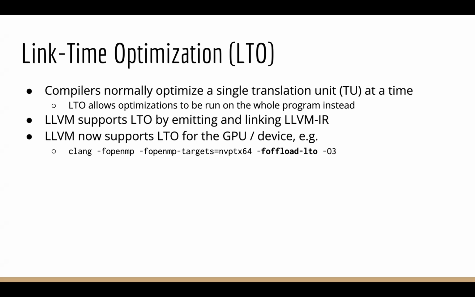And we have simply ported the same support to now work on the GPU for OpenMP. You can see an example here where you do -foffload-lto, and you will use LTO for the GPU. We really recommend this, especially for very large applications that have many files. You can get pretty good performance increases using this, as we'll see later.